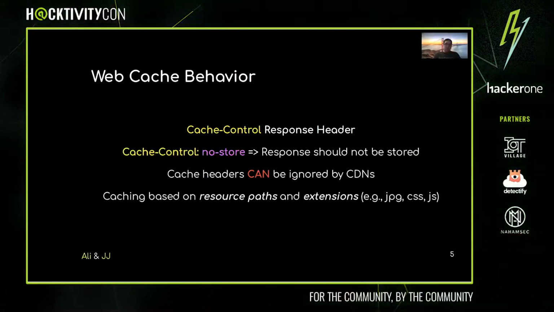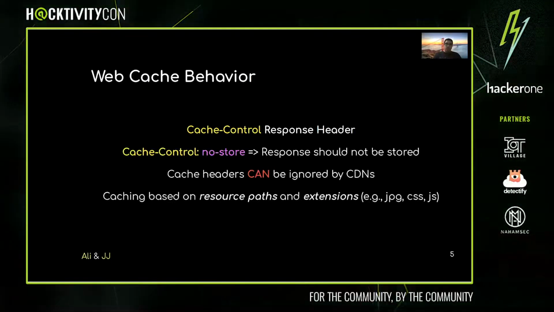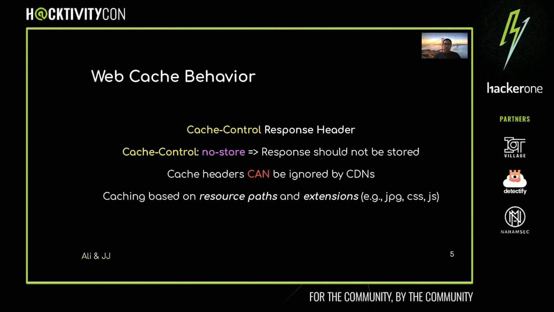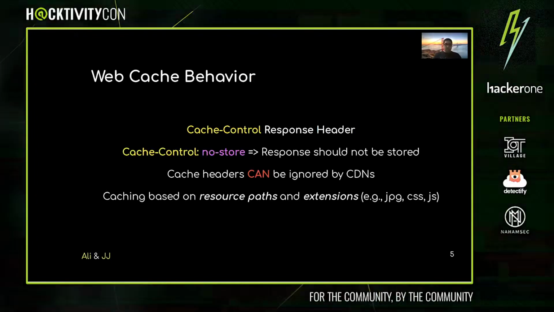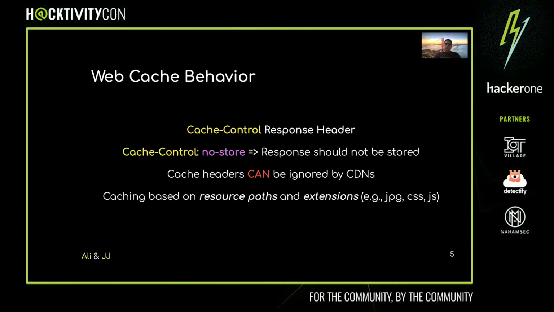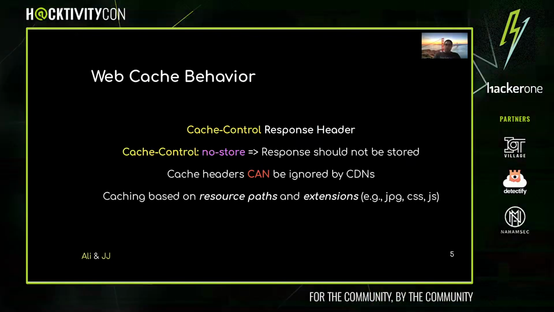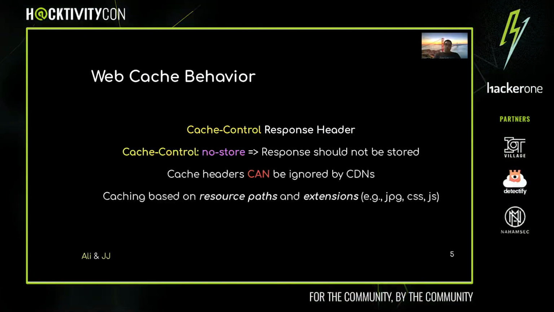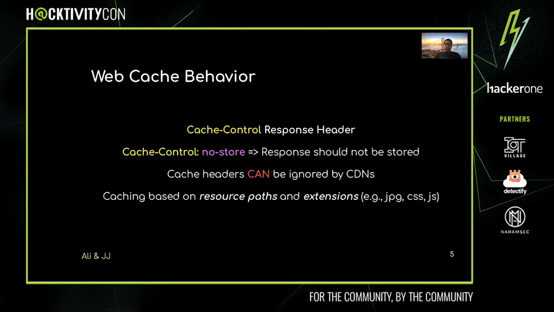Since web caching is an integral part of today's web, the web community has come up with standards and protocols for the different components, such as the CDN, proxy, and servers, to communicate caching policies. One of the main ones is the cache control response headers, by which the web server can tell other components in the web how to behave with the response of that resource.